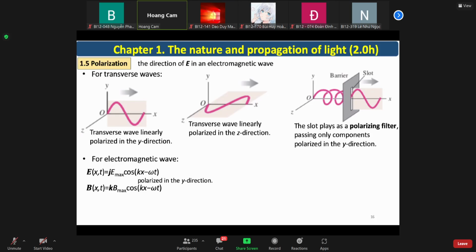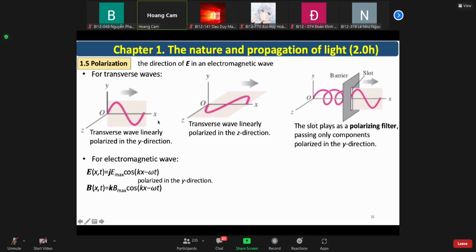Because many optical materials don't possess magnetic properties at all. So we don't care that much about the polarization of light by considering the magnetic field. It is decided by the direction of the electric field.